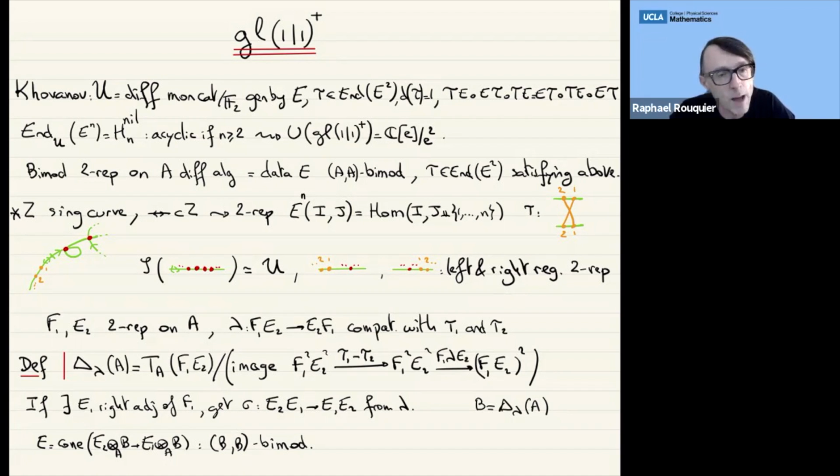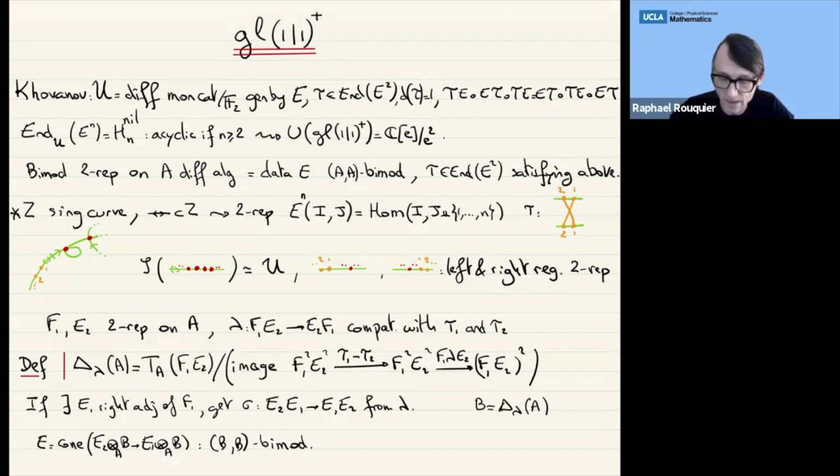And there's a canonical map from E2 tensor AB to E1 tensor AB. So by adjunction, it's the same as a map from F1 E2 tensor B to B, and that's just a multiplication map. So B is this delta algebra. So this cone is naturally a right B module and a left A module, but the action of A on the left can be extended to B.